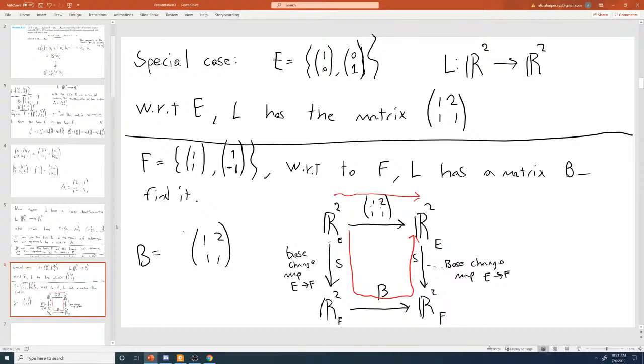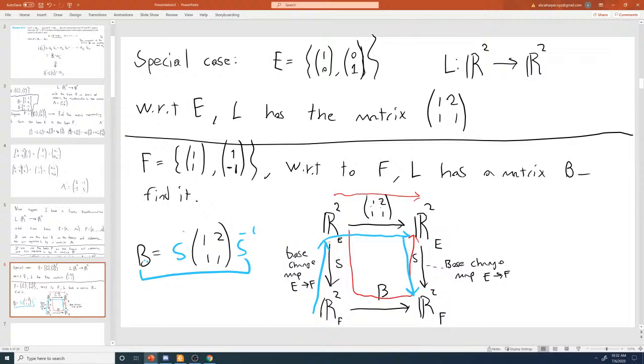Well, first I start here and I go up by S, which means I'm taking S inverse. And then I go over by this, so I apply this matrix. And then after, I go down by S. And so I get this relationship between the matrix B and the matrix that we were given.